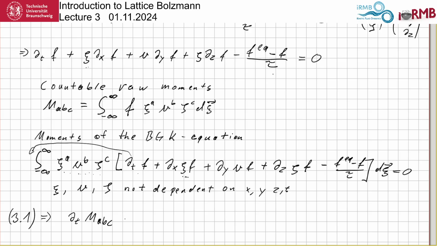And then what happens next here? If we put all these guys into this, what will happen is that we have upsilon to the power of b, zeta to the power of c, but here is already xi, yeah? So this means we will have xi plus 1. So we'll have the space derivative d_x m_(a+1)bc, okay?